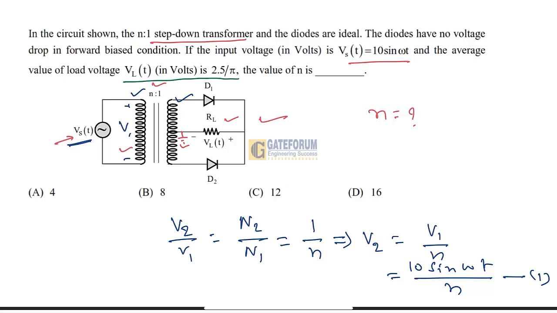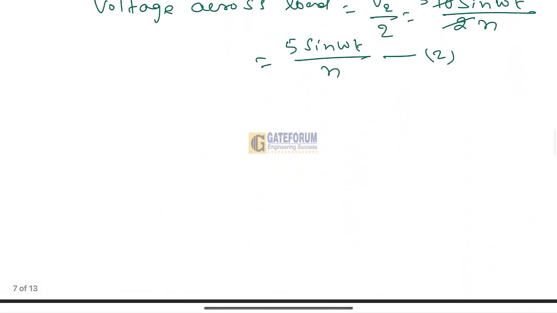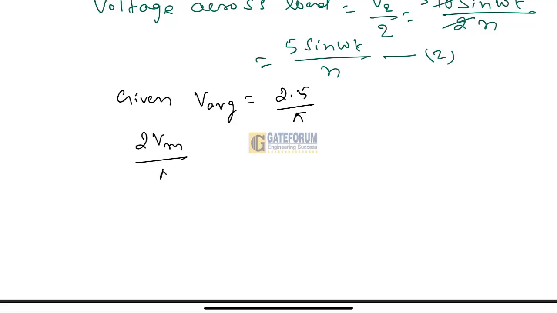So here the given average value is 2.5 by pi. As we know, for the full wave rectifier with center tap, the average value is 2 Vm by pi, and the average value given in the question is 2.5 by pi.